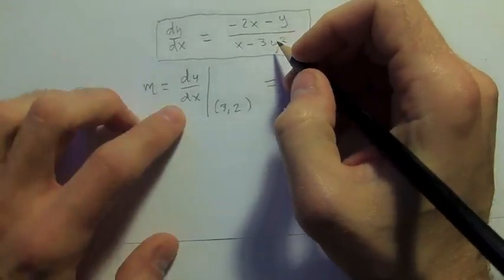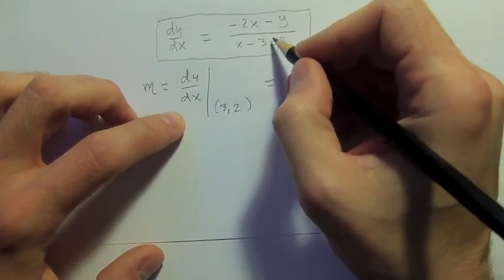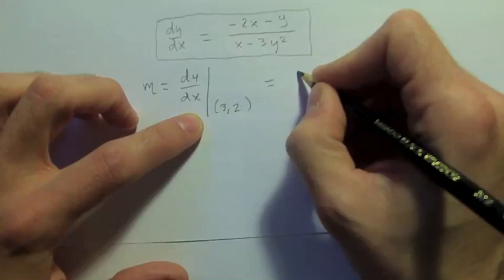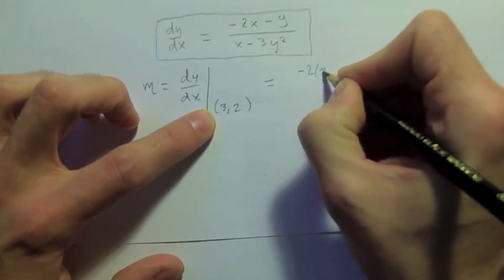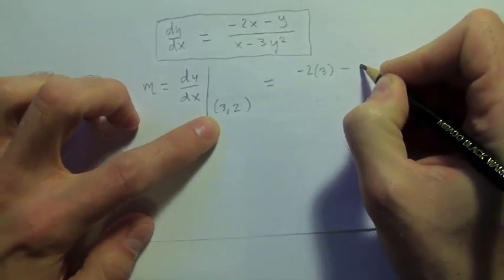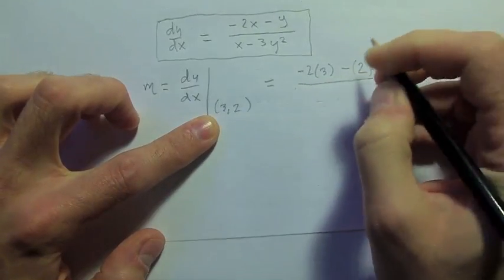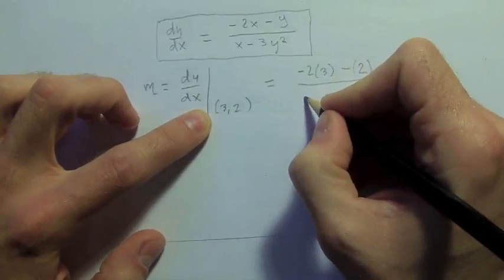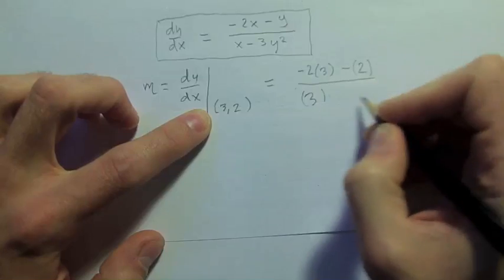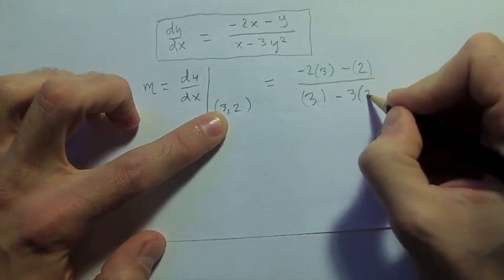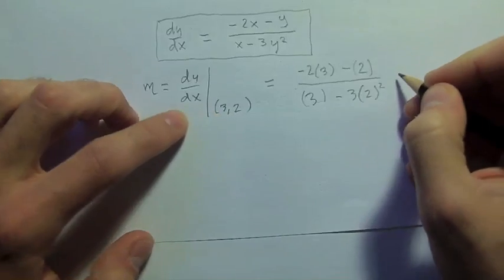Okay, now I'm going to plug in the 3 and the 2. So this will be 2 times 3 minus 2. I'm just writing it all very explicitly here, just so you see what's going on. And this will be 3 minus 3 times 2 squared.